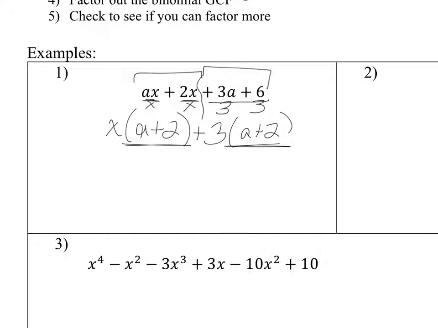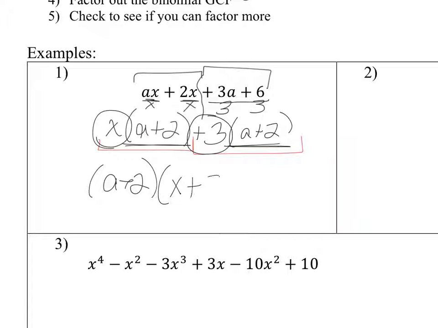If done correctly, and it can be factored at all, you should have a binomial factor in common. So these are my 2 terms now. This should look like factoring out a GCF. We factor out the a plus 2, and we're left with the x and the plus 3 in the second, and that's it.